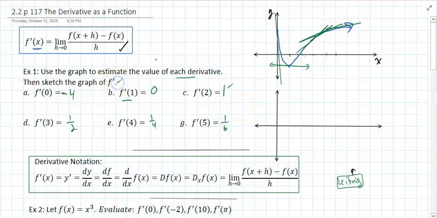Sketch the graph of f prime. The important benefit out of this exercise, if this is f and I wanted to sketch a derivative, at 0 we have a -4. At 1 we have it at 0. Remember, this is the graph of f prime. At 2 we have it at 1.